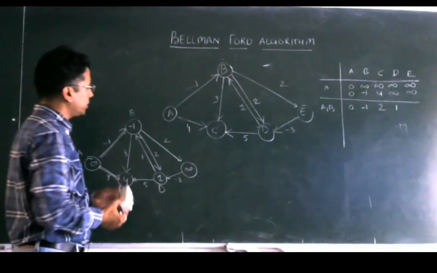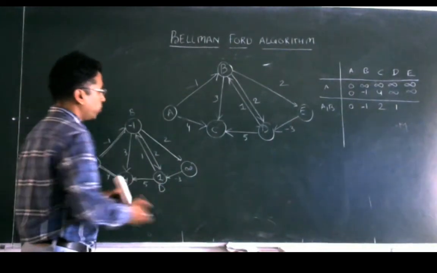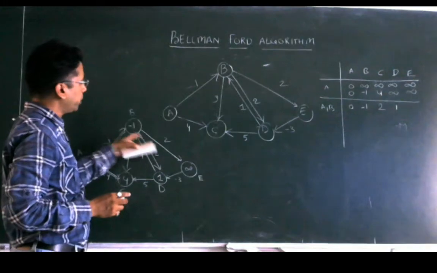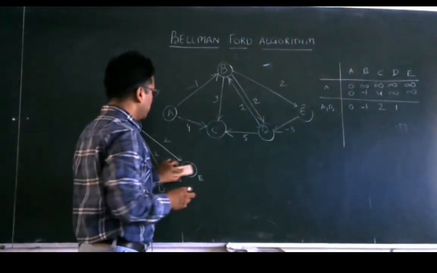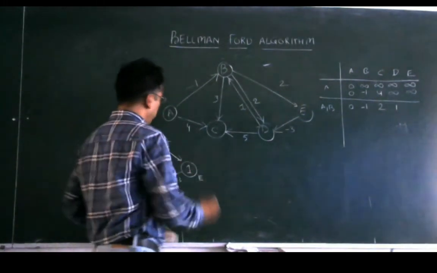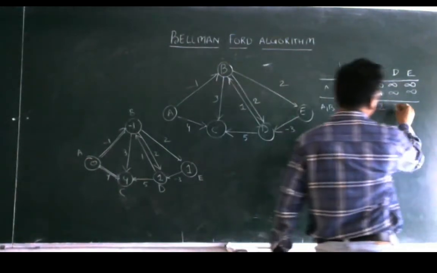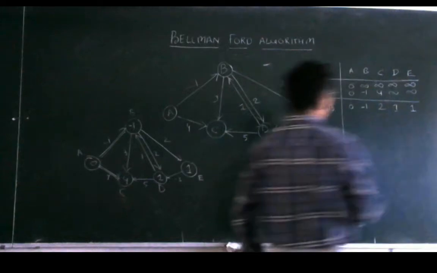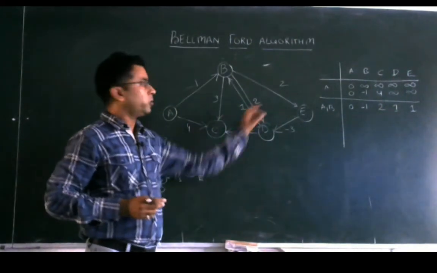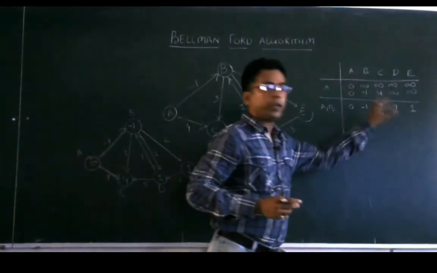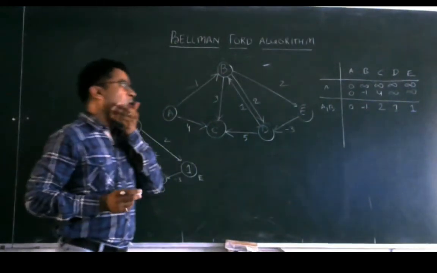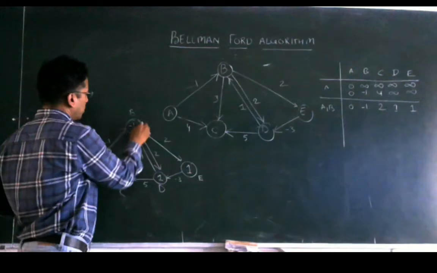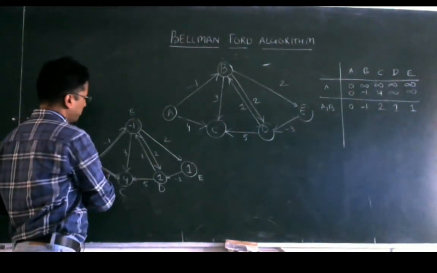Now similarly this node is also accessible, that is node E, and minus 1 plus 2 plus 1, so this node will be relaxed to a value of 1. So now the graph will update like this: 0, minus 1, 2, 1 and 1. So we have used this node also, and we have used this node also.